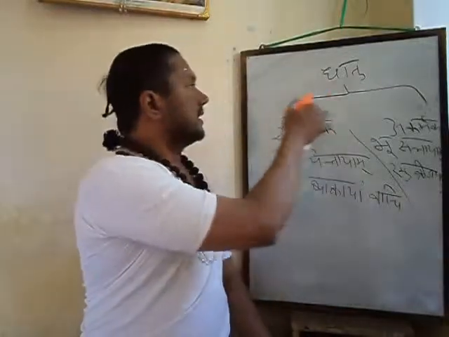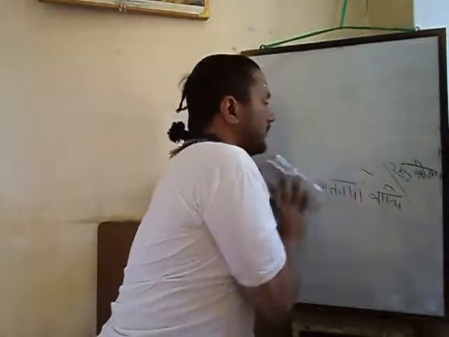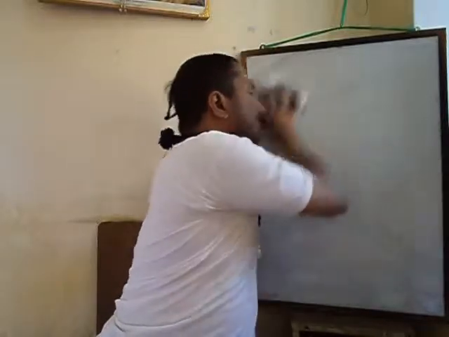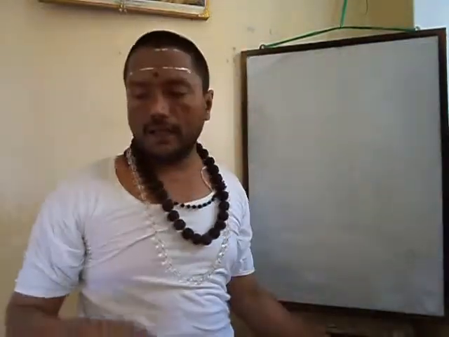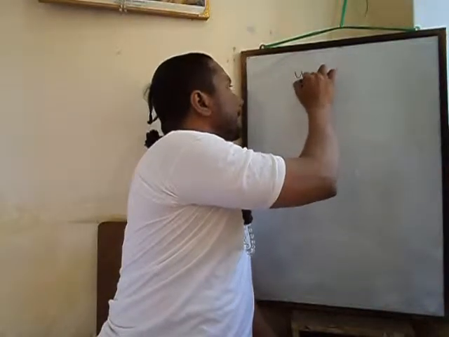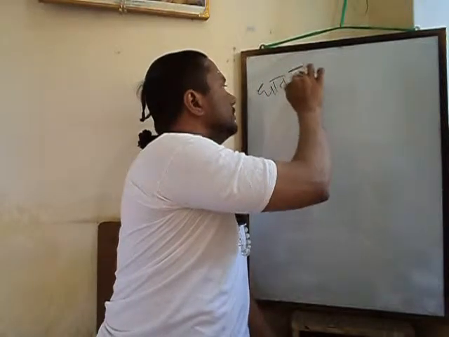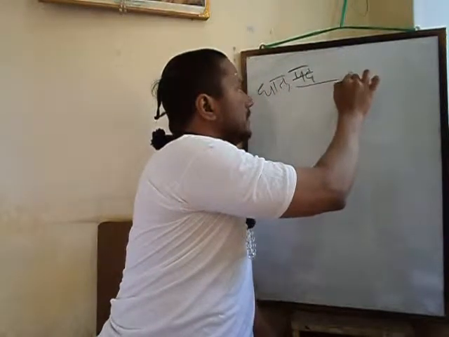Both these sakarmaka and akarmaka dhatus are used in three different ways. They are called padas. Say dhatu, three padas.